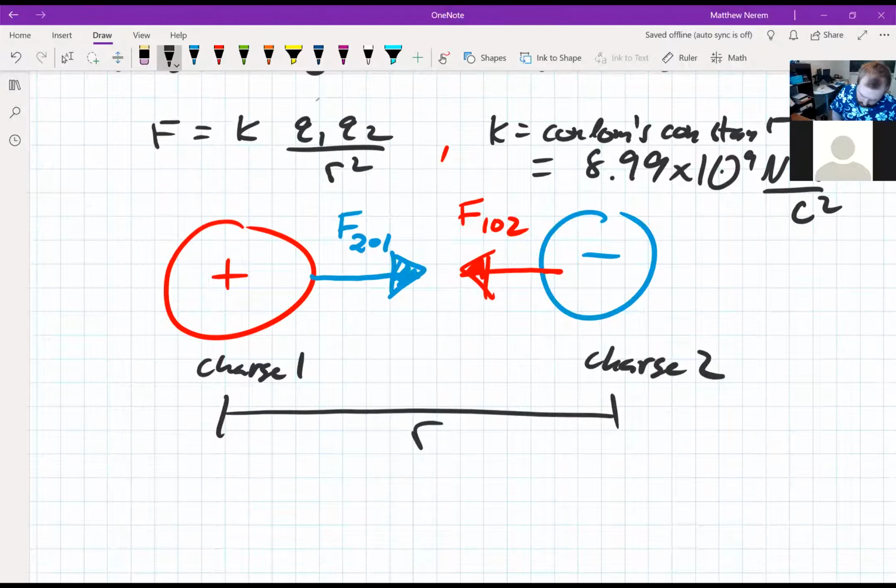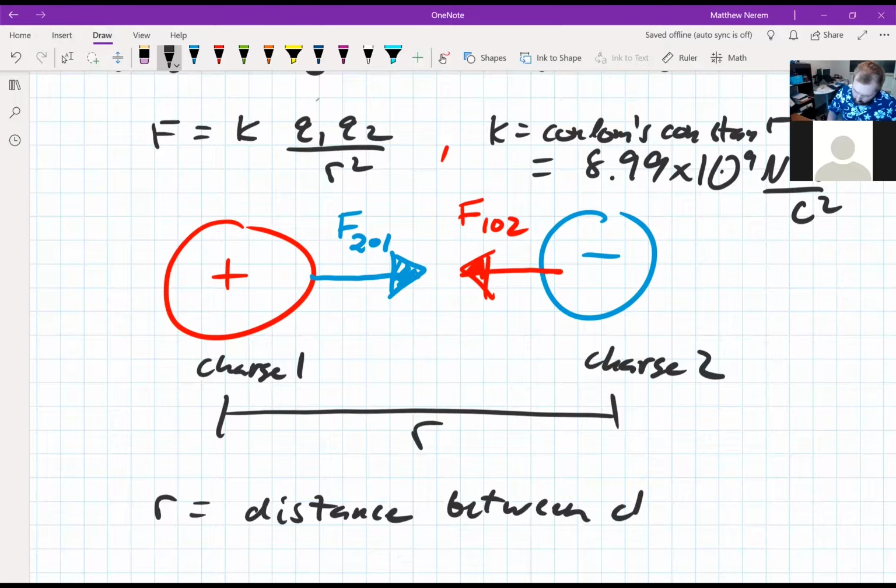So, emphasis: while in this linear, straight line case it's kind of obvious, r is just the distance separating these two charges. When we go to advancing it, to the vector problems, and yes, I'll do some examples of those, the r isn't just the horizontal or vertical, it's the radial distance between the charges.